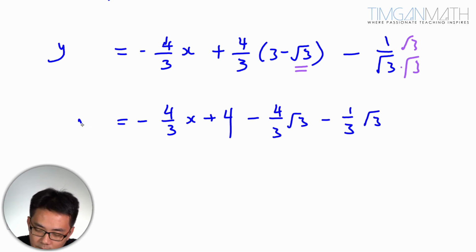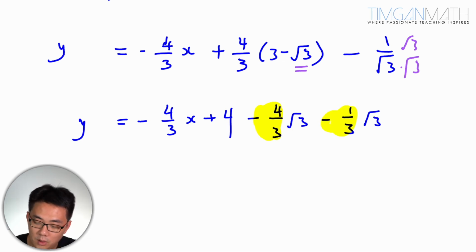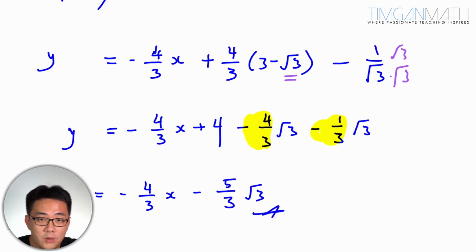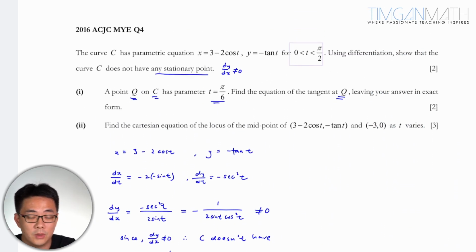This is like negative 4 over 3 and negative 1 over 3, you add, it will be negative 5 over 3. So y equals negative 4 over 3 x plus 4 minus 5 over 3 root 3. That's the equation of the tangent. There you go. So that's how you do the first part.